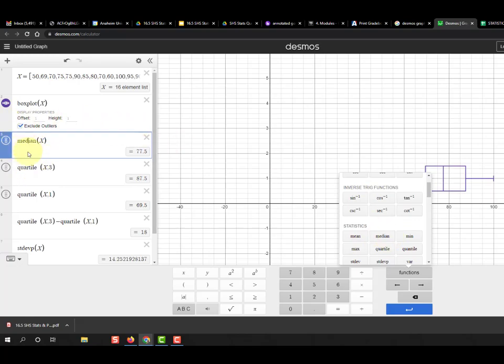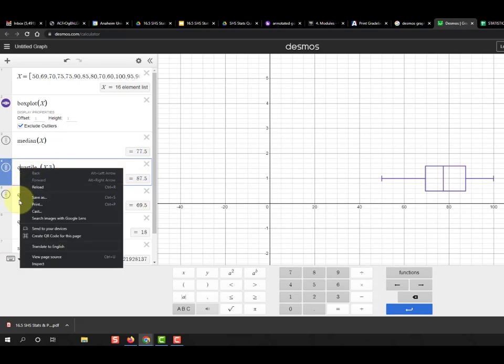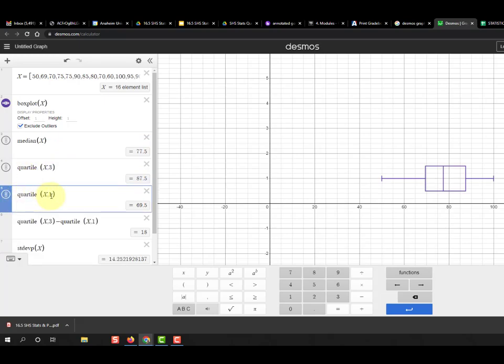Okay, the next one, it tells you to find the interquartile range, which is Q3 minus Q1. So to find that, you type in the word quartile, parentheses, capital X, comma, 3, comma. This is finding you in the list of numbers, the quartile, and then you want the third quartile, it's 87.5. Copy and paste this. You can just copy it and paste it into the next one, and you get the list one here, and you get 69.5.